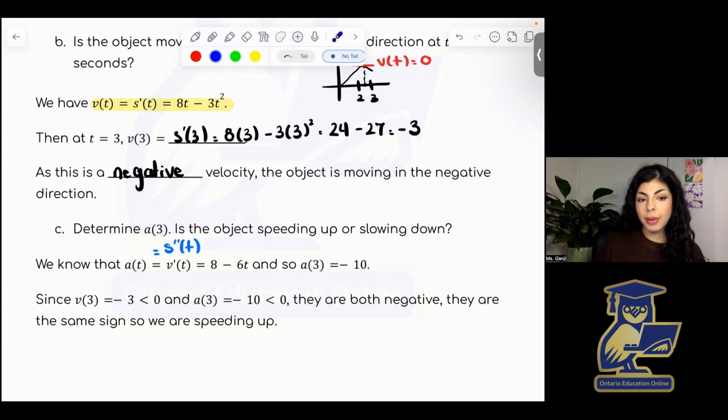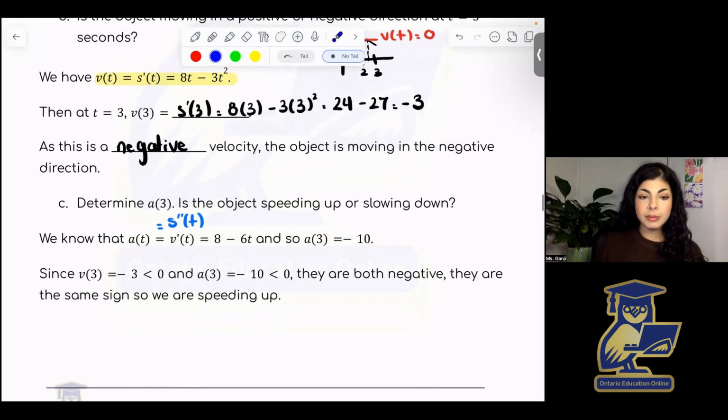We have to compare the velocity and the acceleration. And so in this case, we are moving in the negative direction, but we are speeding up as we are moving in that negative direction. So we are ultimately speeding up there. And so we can say that our tangents are getting more and more negative, perhaps.